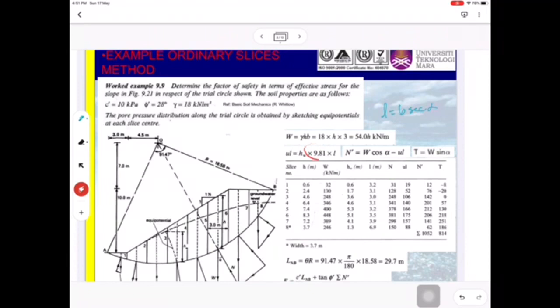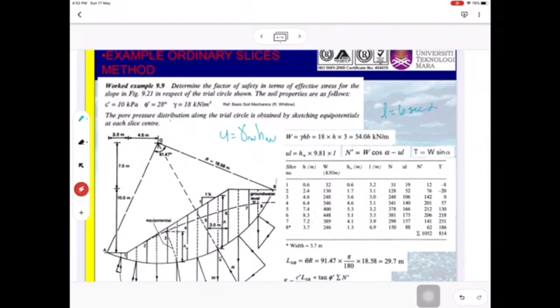U is gamma water times HW. So UL is gamma water times HW times L.